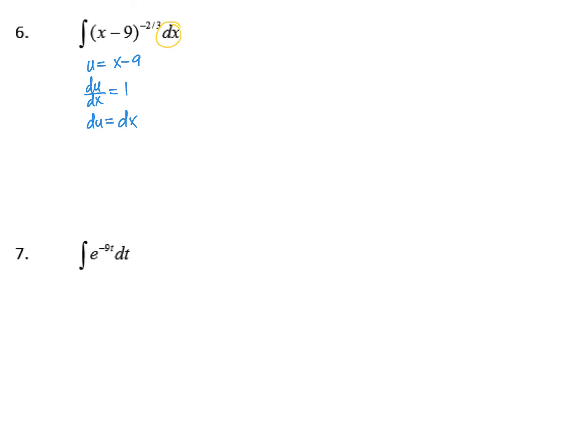So this dx is going to be replaced by du because du equals dx. And so what we have now is the integral of u to the negative 2/3 du. The antiderivative of u to the negative 2/3 is 3u to the 1/3 plus c. So then we have 3 times x minus 9 to the 1/3 plus c.